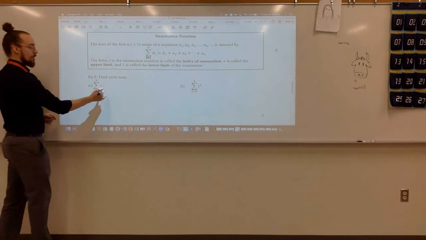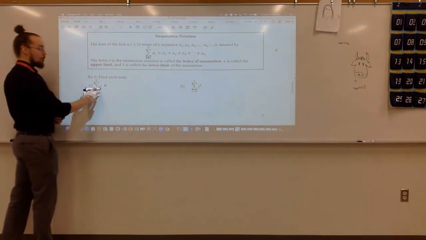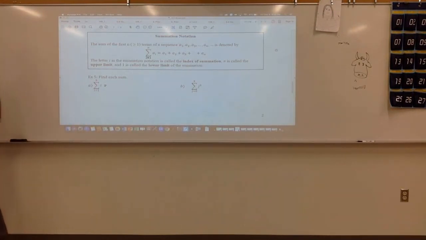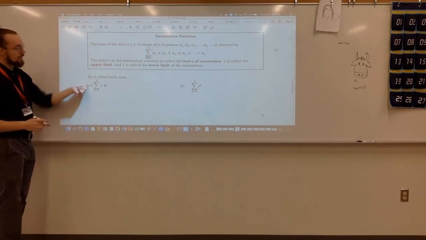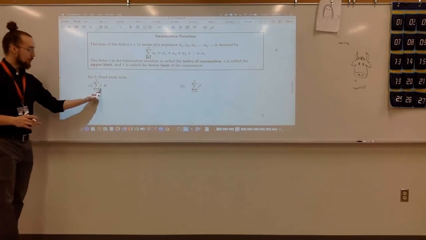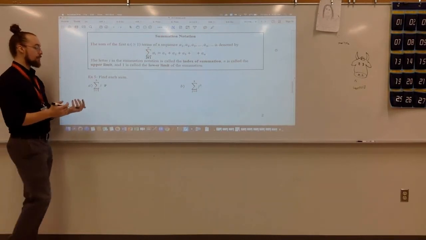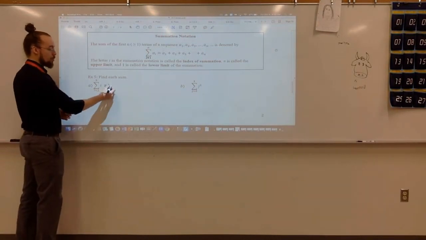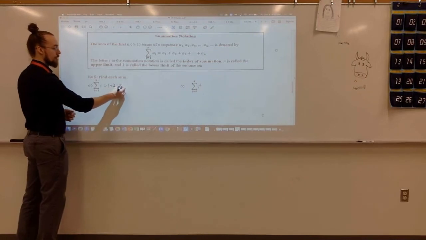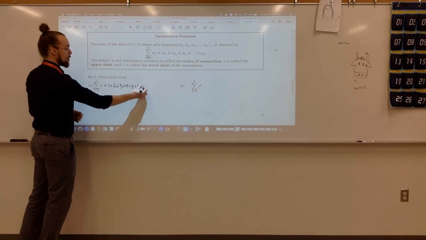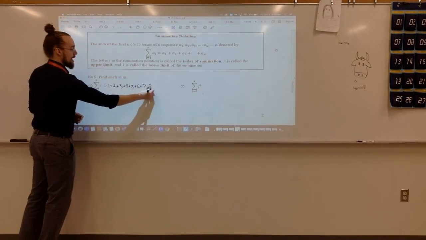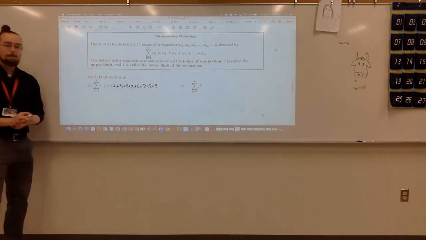For example, on A here, my rule is just the value itself. So this is saying take all the numbers starting at 1 and ending at 9, plug them into this rule, and add them up. That rule is just the number itself in this case. So I'm just going to take all the numbers from 1 to 9 and add them up.